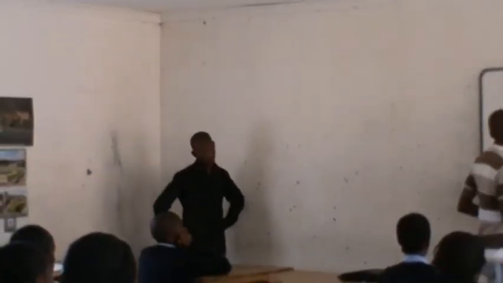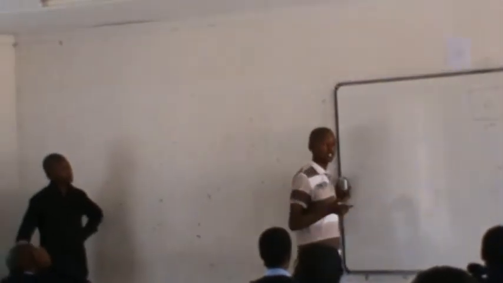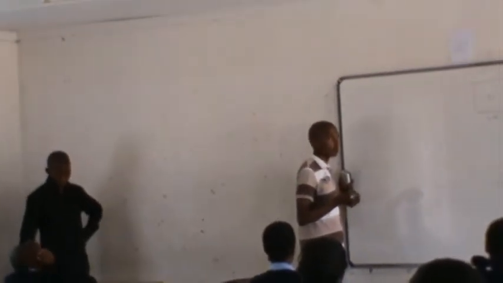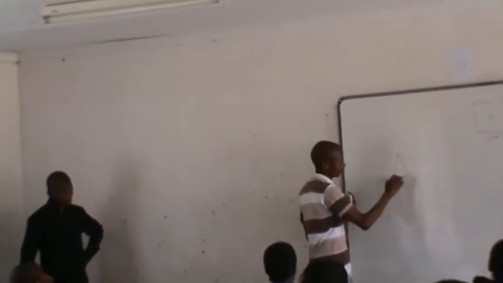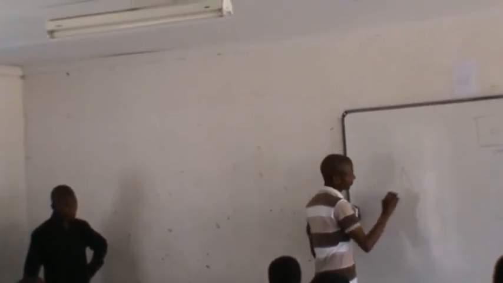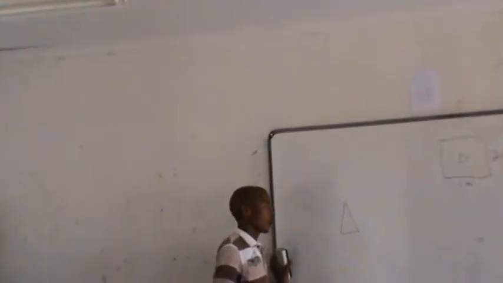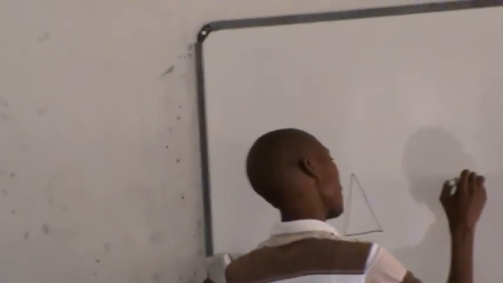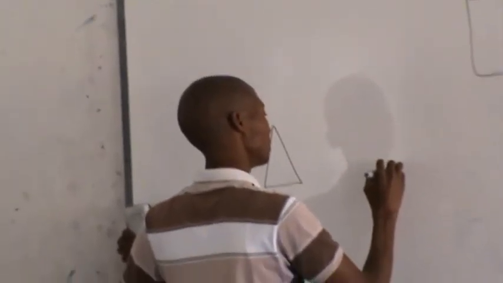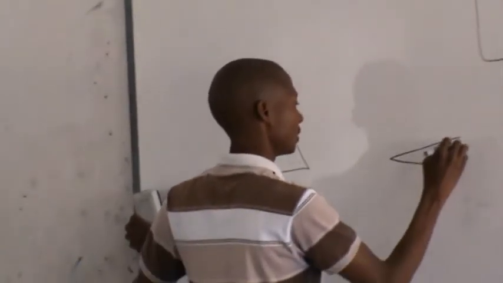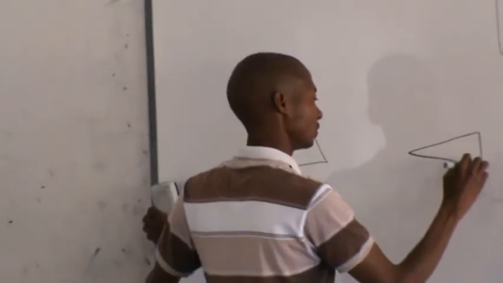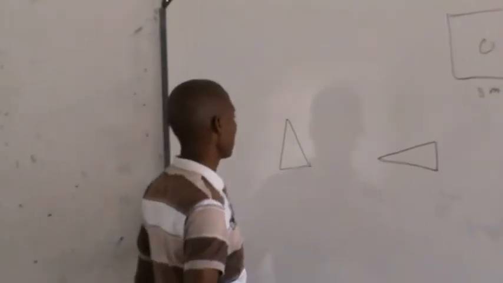When we are talking about triangles, we are going to compare two triangles. Suppose we have triangle A and triangle B.